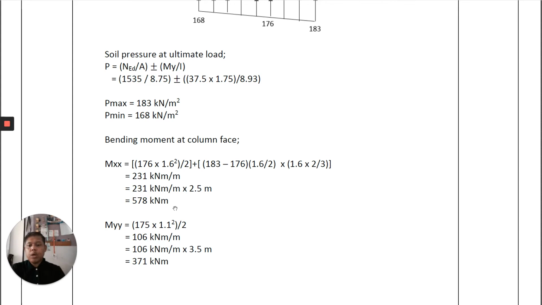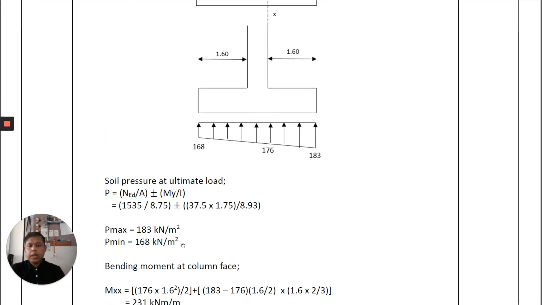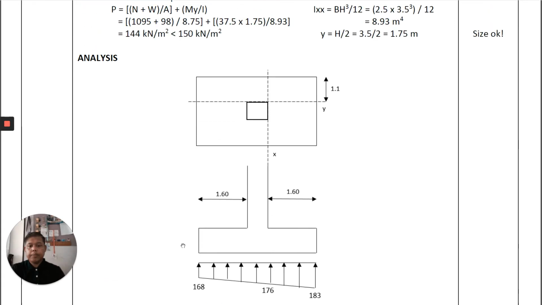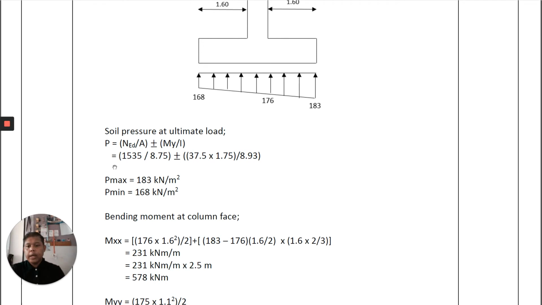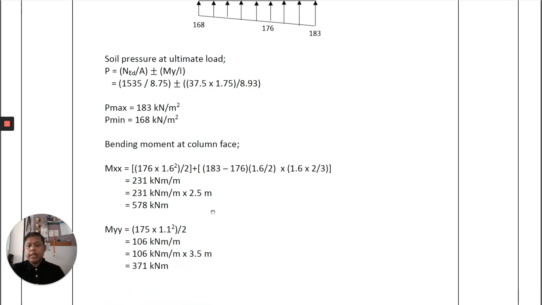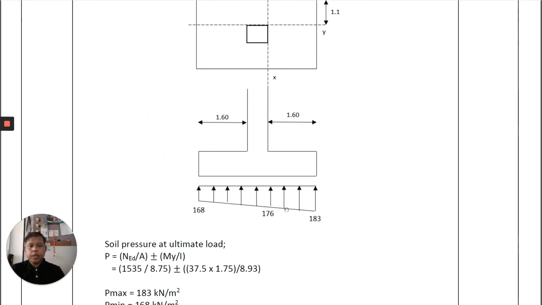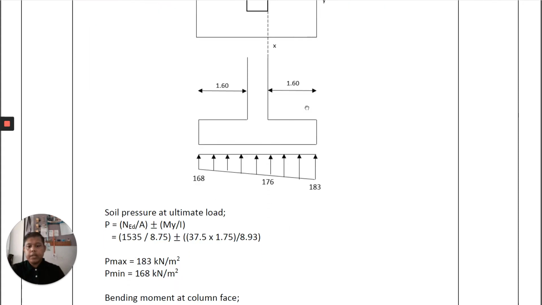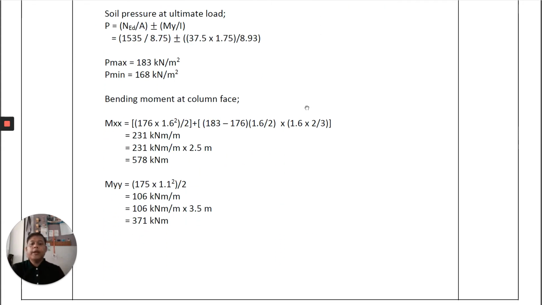And then for the MYY is equal to 175, which is the P minimum, which is actually at this column face, which is this value, NED over A is equal to 175, times 1.1, LC for this one, divided by 2, and then you get 106 kilonewton meter per meter.